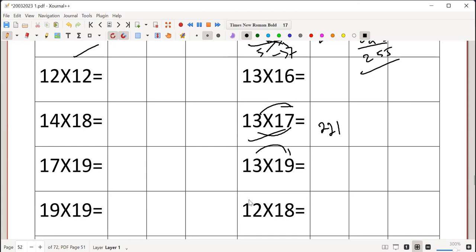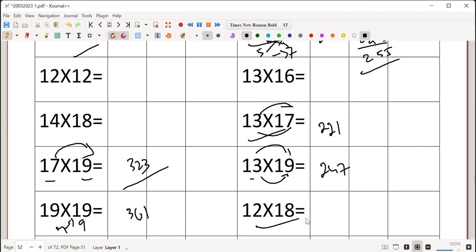We got this in one sum. 13 into 19. 22, 220 plus 27. 17 into 19. 26, 260 plus 63, 323. 19 into 19. 28, 28 plus 81, that is 360 plus 1.